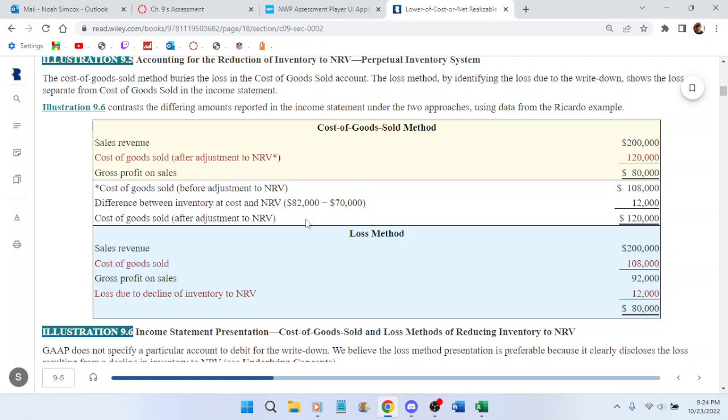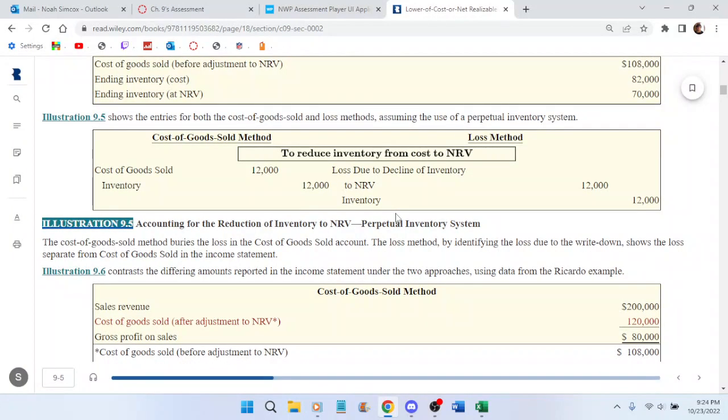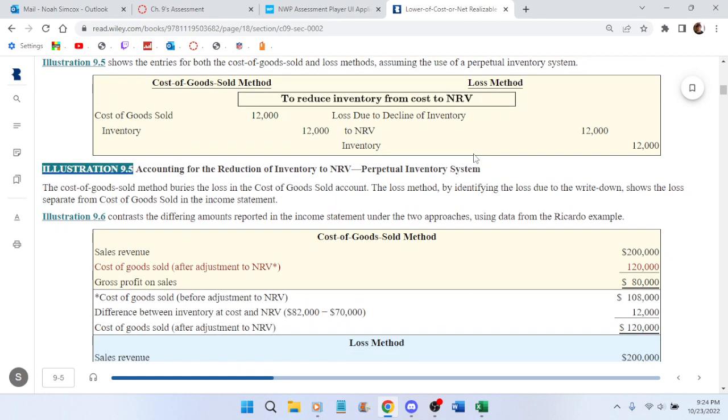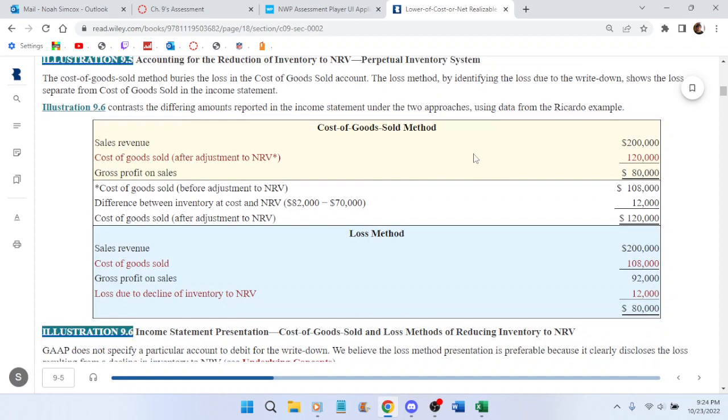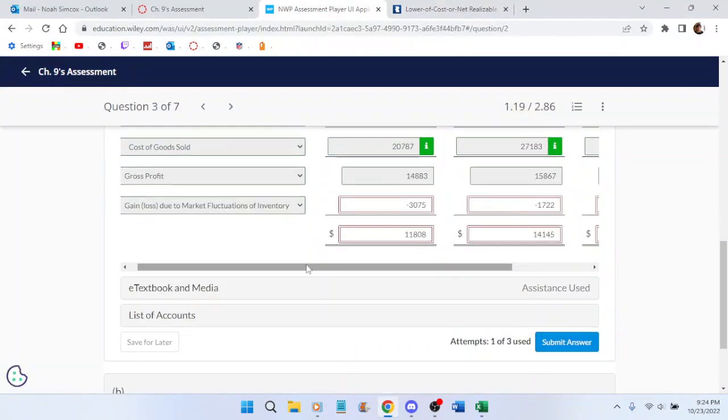I'm looking at this right now. They calculated this by doing the 82,000. Yeah, they didn't use this. They calculated it by taking, where's the 82,000? Ending inventory, subtracting this. I'm following the book, so I don't know what on earth they're doing in this question. I'm following the book.